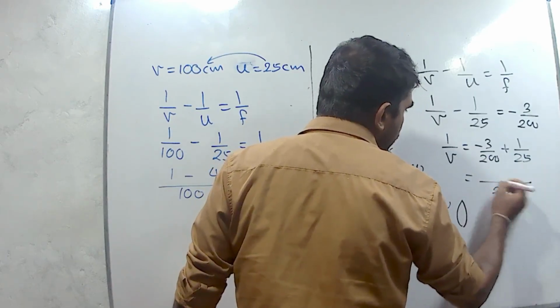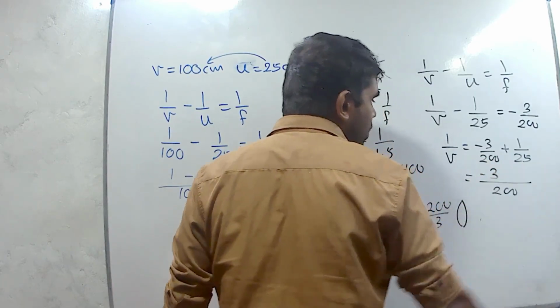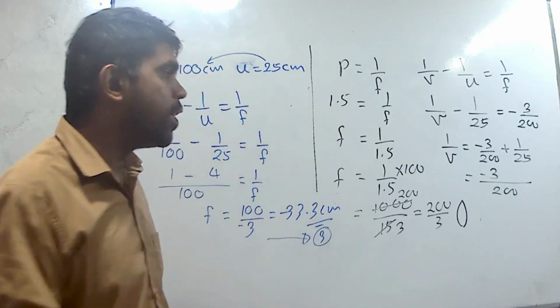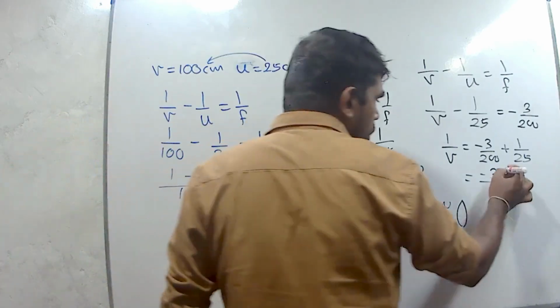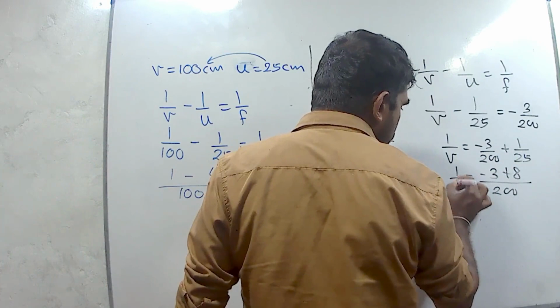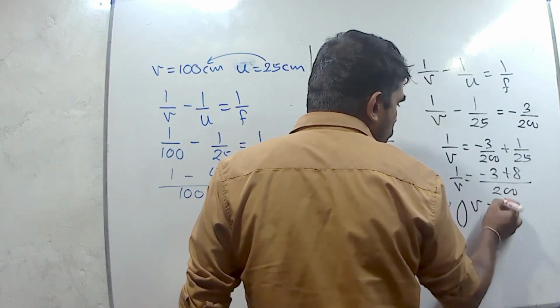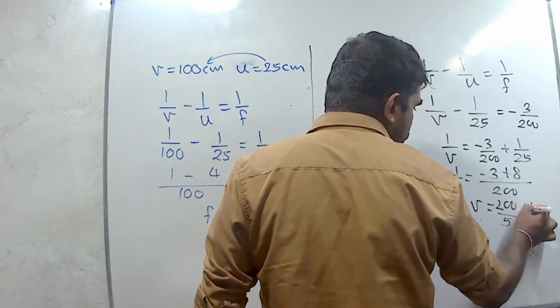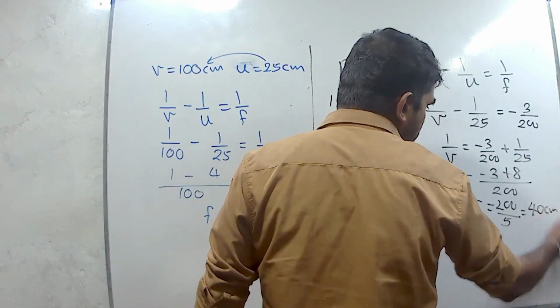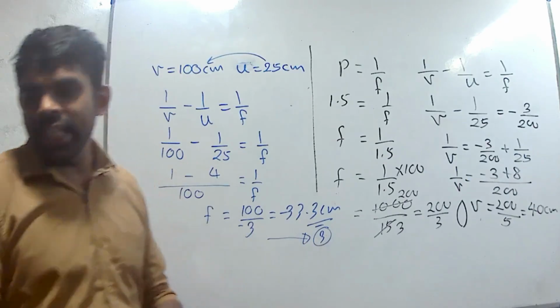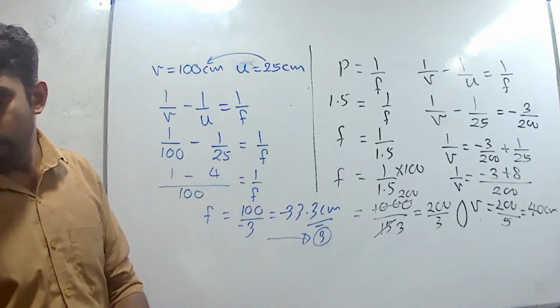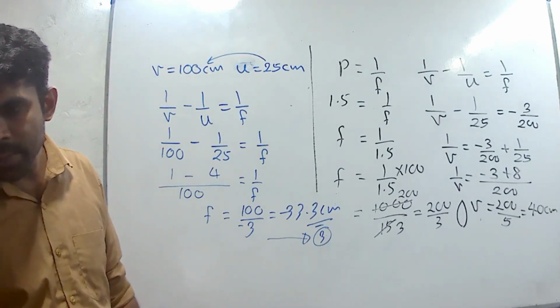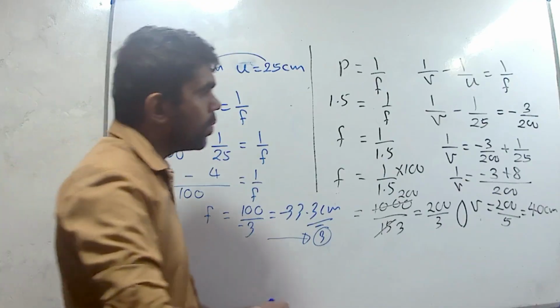LCM 200: minus 3 plus 8. Then V value is 200 divided by 5, 40 centimeters. Then he can see 40 centimeters from his eye. Then the answer is 4.